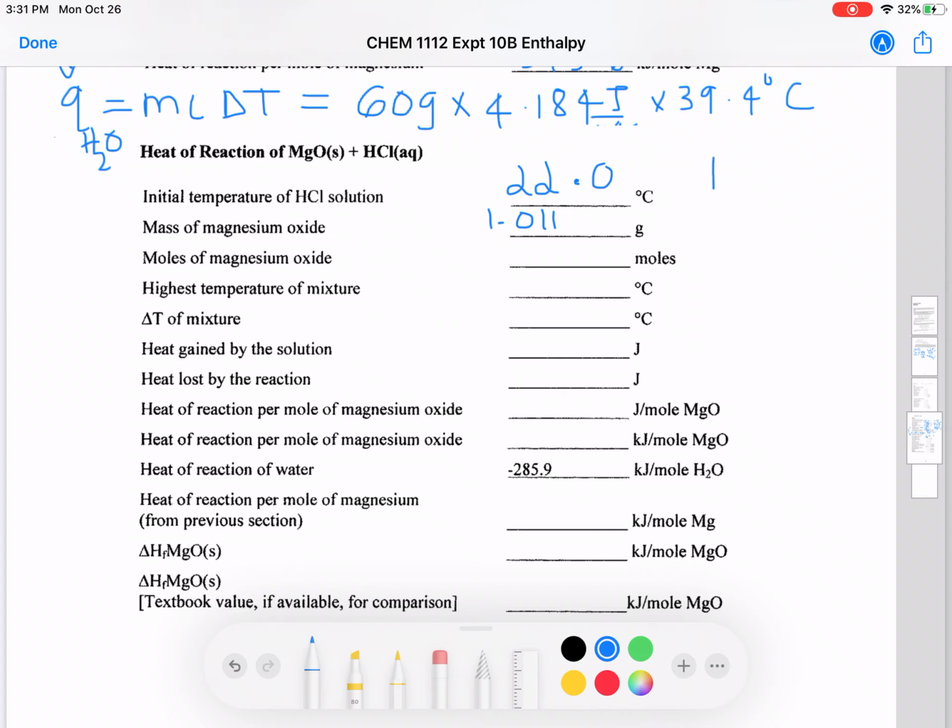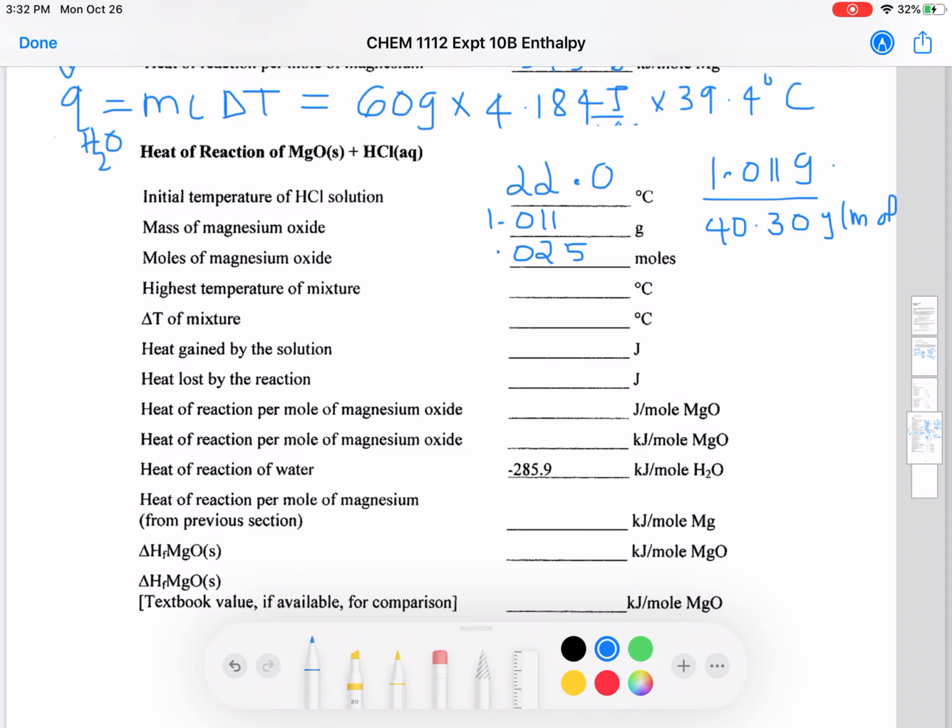So you divide this 1.011 grams by the molar mass of magnesium oxide. What's the molar mass of magnesium oxide? Magnesium is 24.3, oxygen 16, so 40.30. So you divide by the molar mass of magnesium oxide, grams per mole. That will give you the number of moles. Again, that is 0.025. Check to see if these numbers are correct. Okay, I could be making some mistakes.